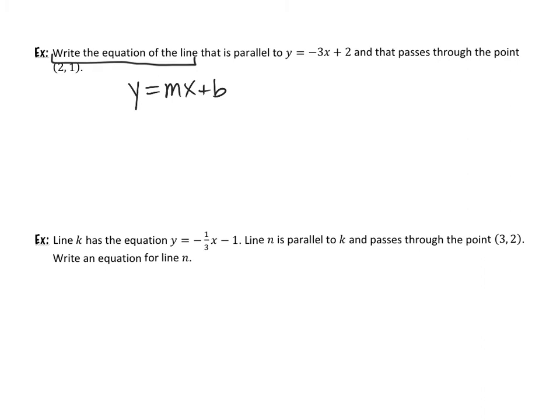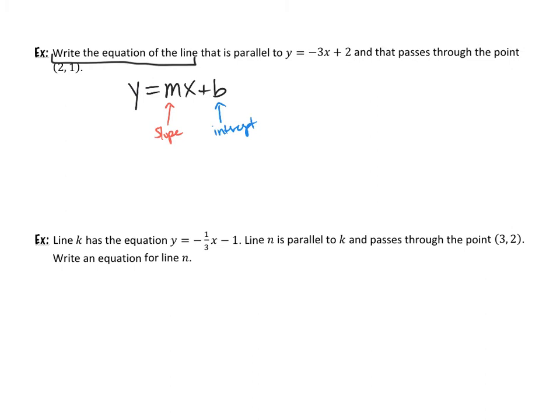Okay, so we need to find our slope, and we need to find our intercept. The only piece we know is a point on the line, unfortunately it's not our intercept because our x value in that coordinate pair is not 0. So we're going to have to get to that.